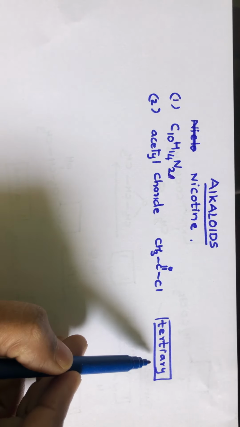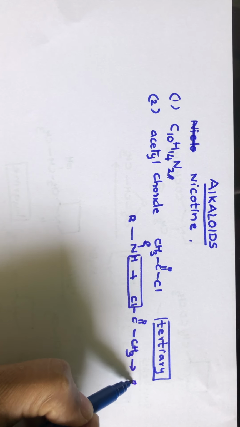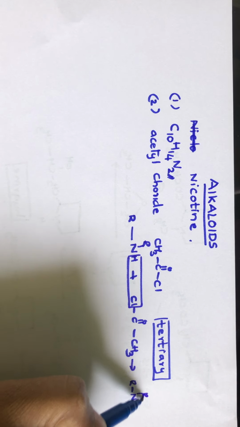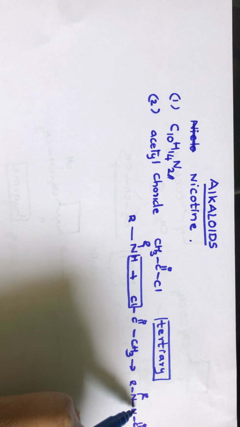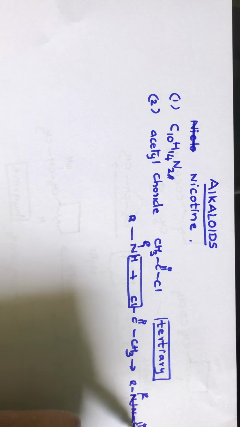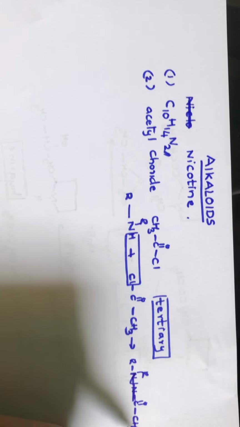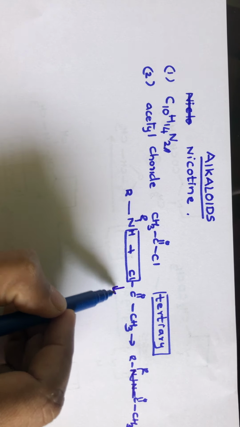For example, if there is a compound like RNH2 or secondary RNH, when treated with acetyl chloride, N-acetylation takes place.